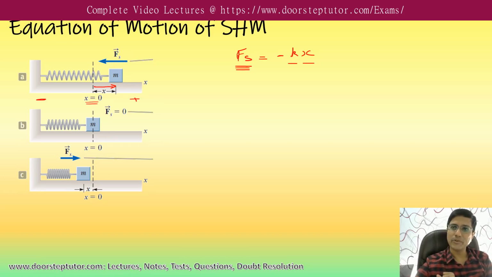Okay, so my restoring force is always directed opposite to the direction of displacement. My displacement is in this direction, then my restoring force, the force which is exerted by the spring to bring back this mass to the equilibrium position. So this is the equilibrium position.